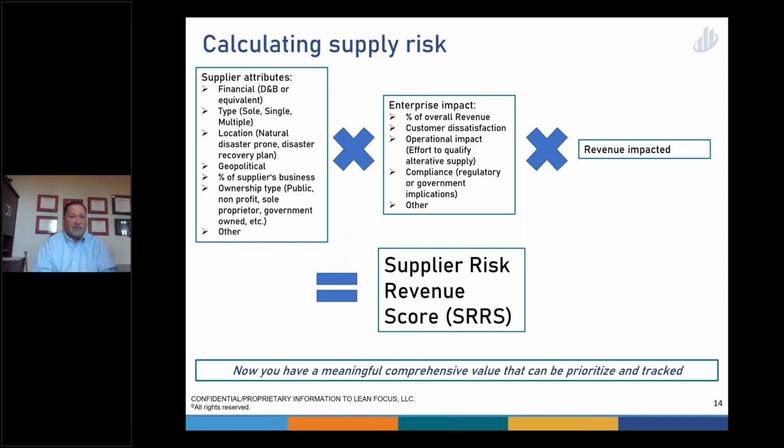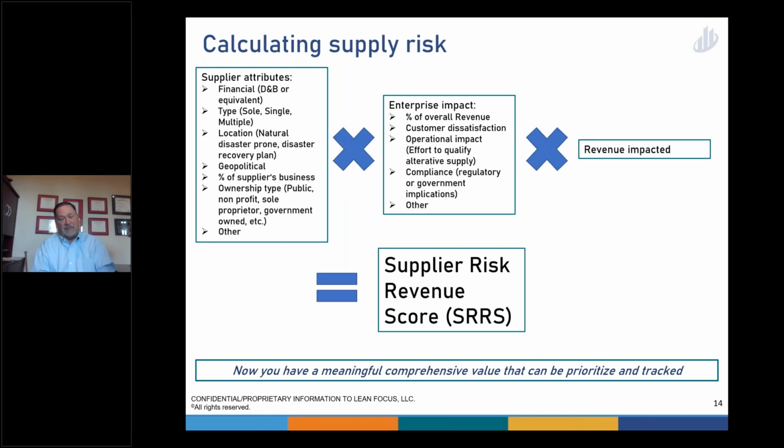Typically, you would score 0, 1, 3, or 5, with 5 being the highest risk and 0 being no risk, and then have definitions for each of the other scoring numbers that allow you to be repeatable in how you score supplier attributes. Then you would multiply that, for each supplier, by the enterprise impact.